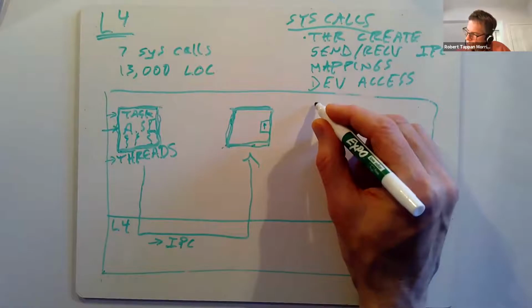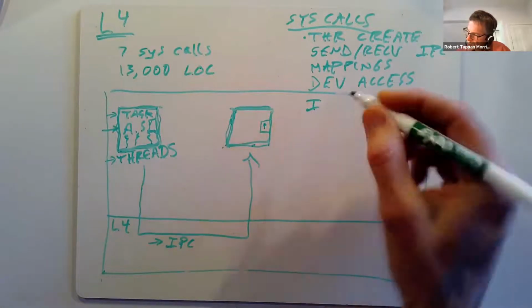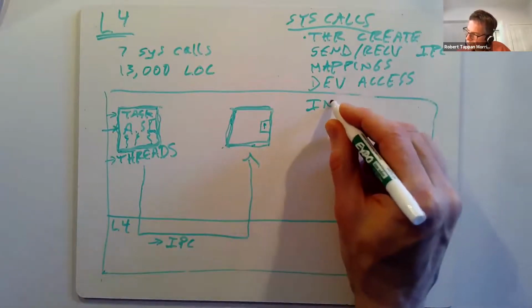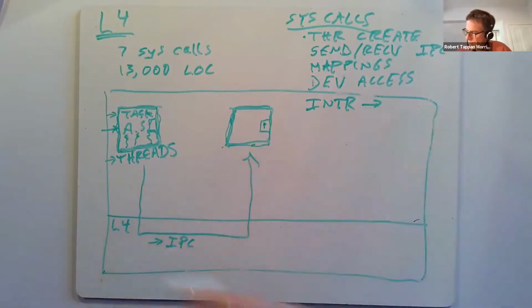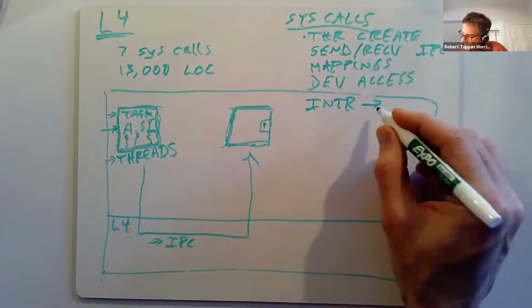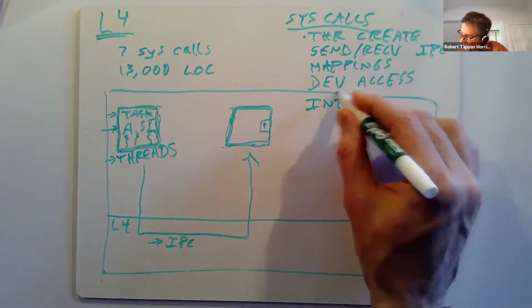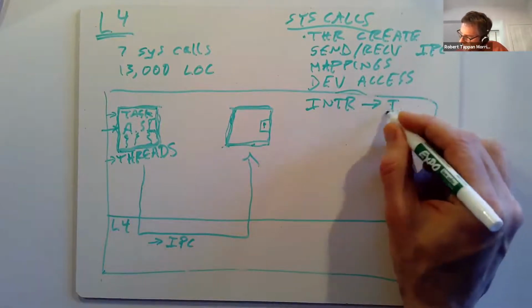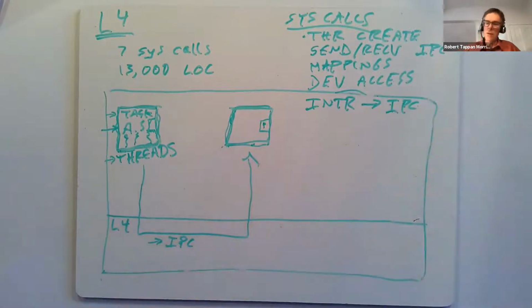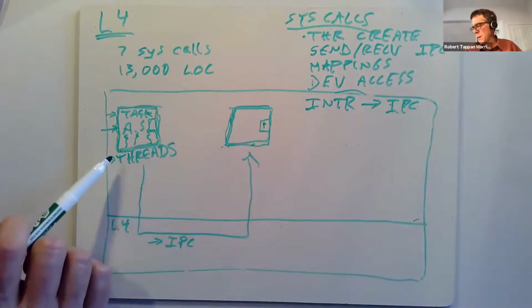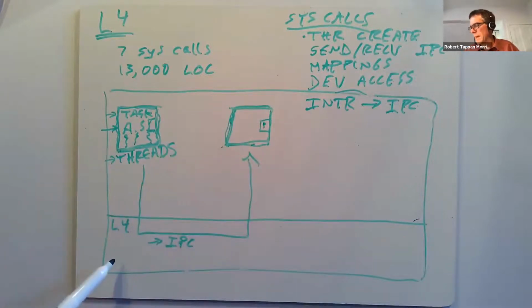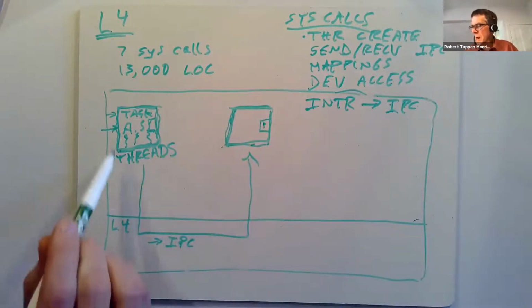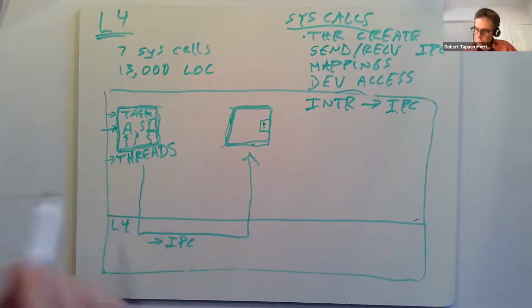You could also tell L4 to turn any interrupt from any device into an IPC message. L4 didn't really know which device, it just turned a given interrupt into an IPC message. So a device driver task could not just read and write the device hardware, but also tell L4, anytime that device interrupts, please send me an IPC message to notify me of the interrupt.